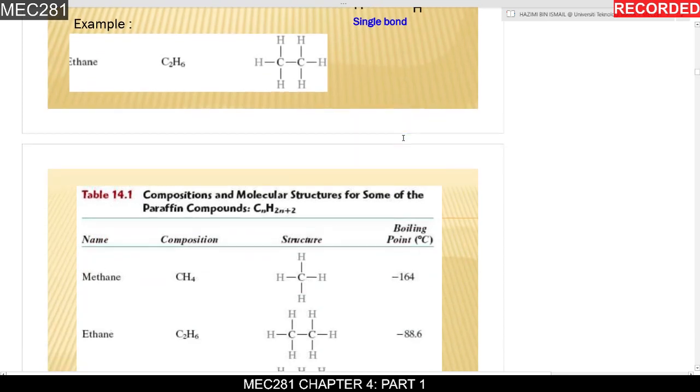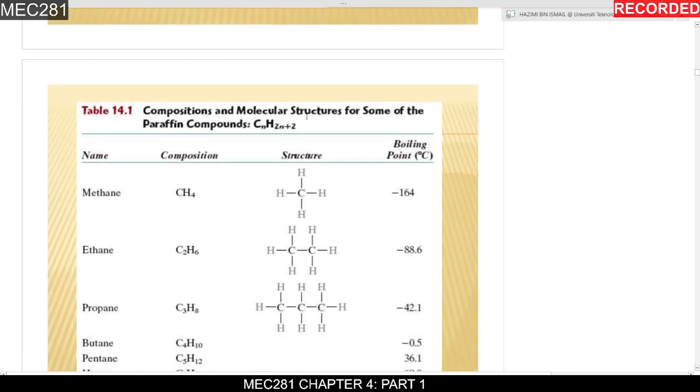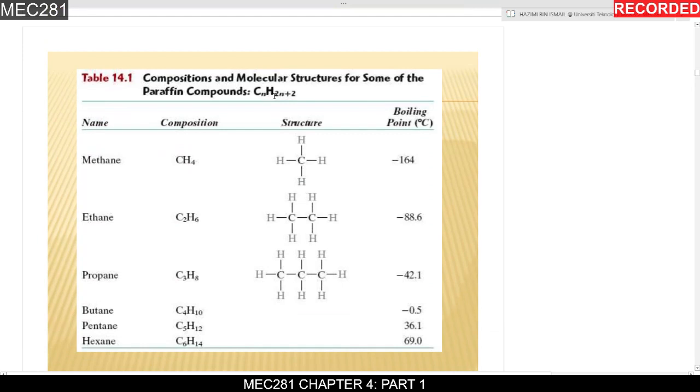Okay, so the composition and molecular structure for some of the paraffin compounds: CnH2n+2. For methane, this is the structure of its atom arrangement.